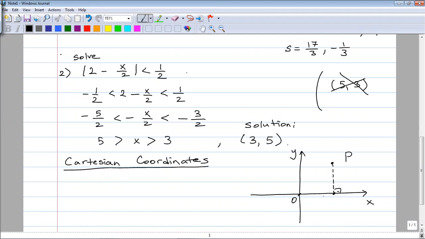It corresponds to a number a, and you draw a perpendicular to the y-axis, and this corresponds to a number b, and we say the coordinates of the point P are the numbers a and b. So for the point P with coordinates (a, b), a is the x coordinate, b is the y coordinate.